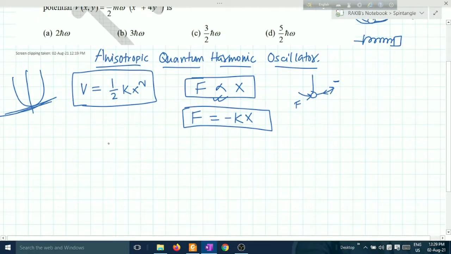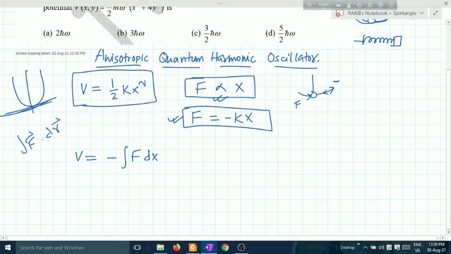From that we know how to get the potential from the force. What is the relation between potential and force? V is equal to minus integral of F dx in the one dimensional case, and in the three dimensional case you take F dot dr in place of F dx.